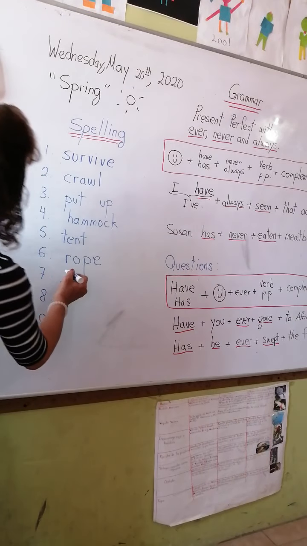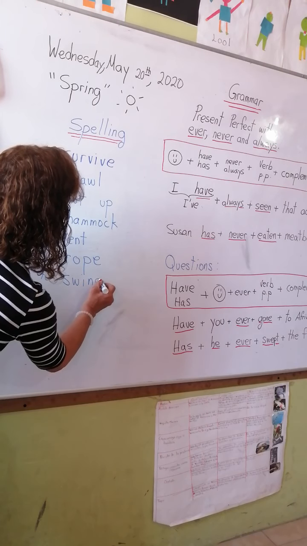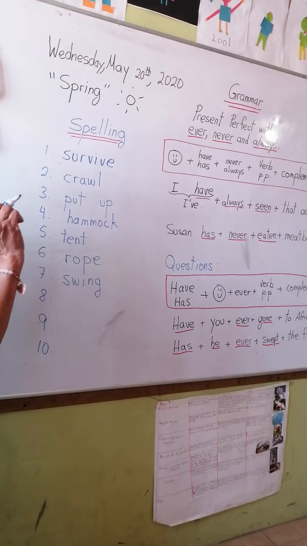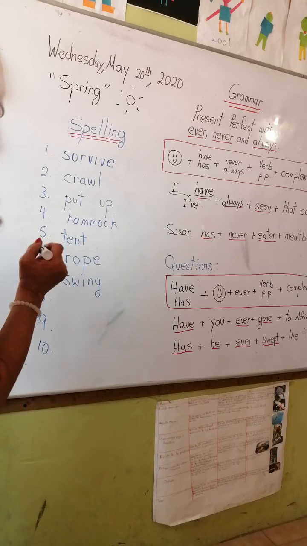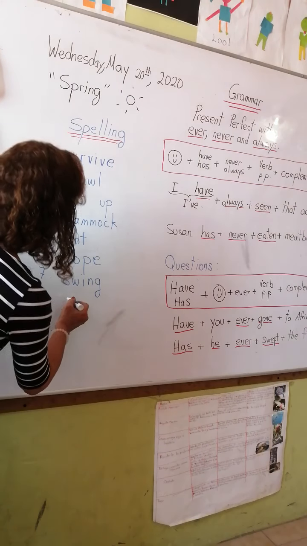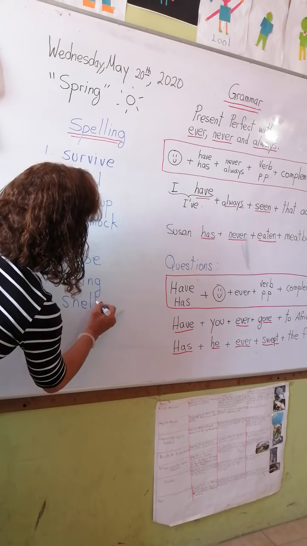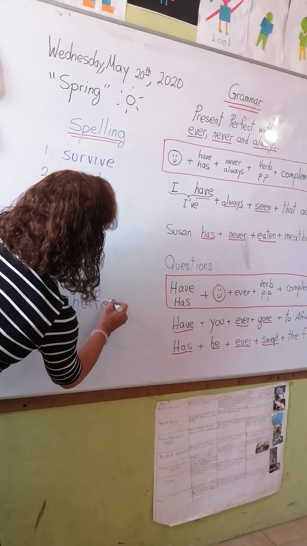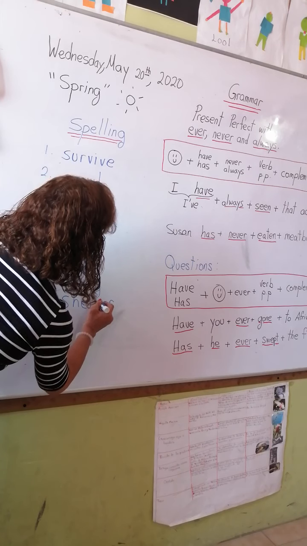Spell it. S-W-I-N-G, swing. Next one is shelter. Spell shelter, please. S-H-E-L-T-E-R, shelter. Very good, kids.